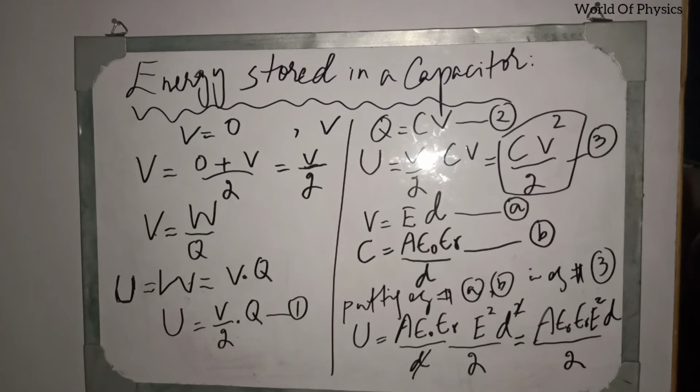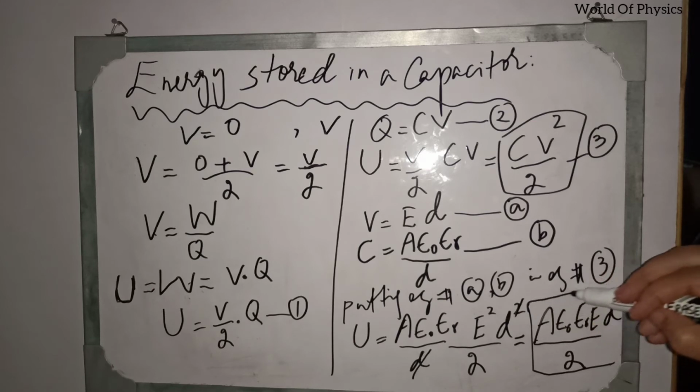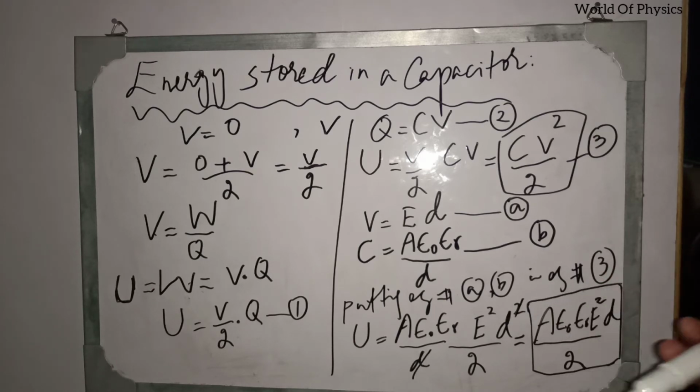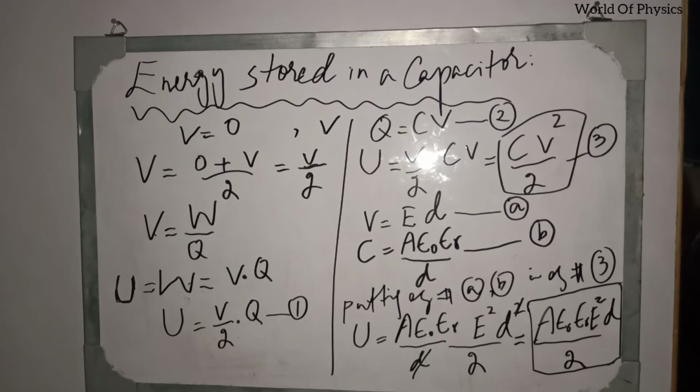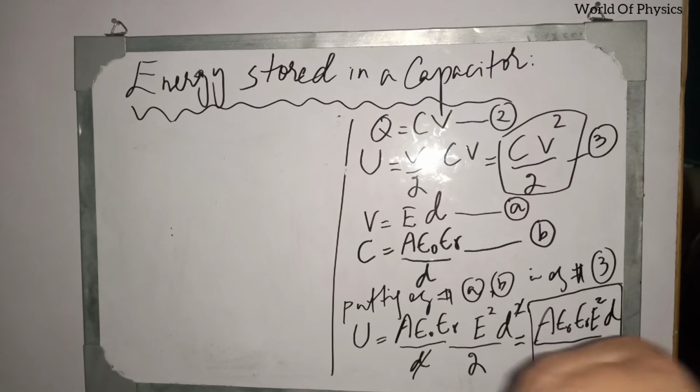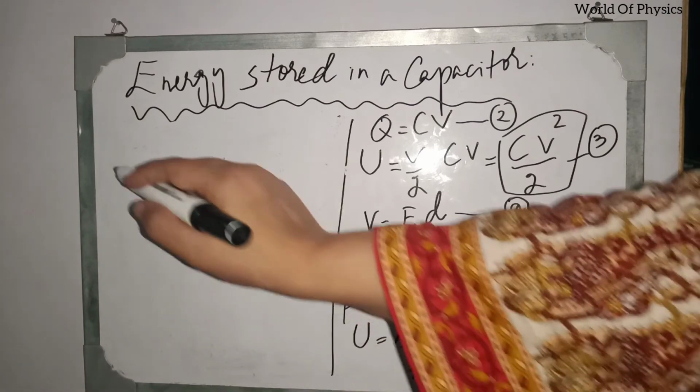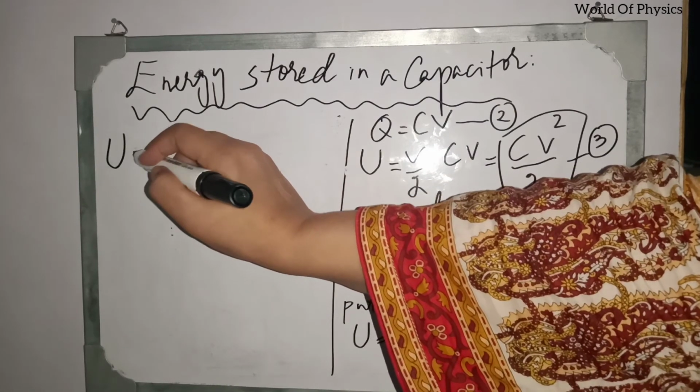Now this is the value for energy stored in a capacitor, and next we will find out the energy density stored in the capacitor, because this is the energy, and now we are going to find out energy density. For energy density, I am again using the same equation.